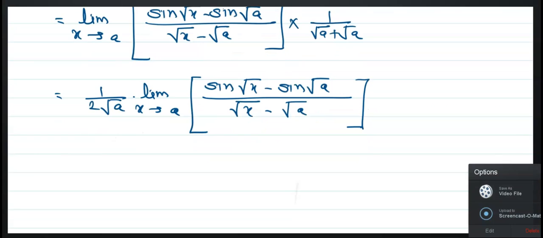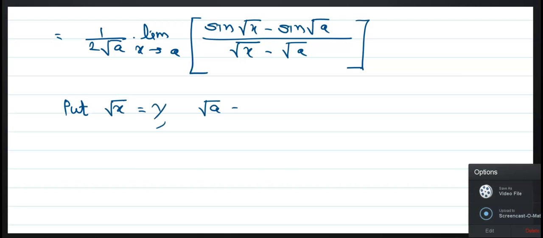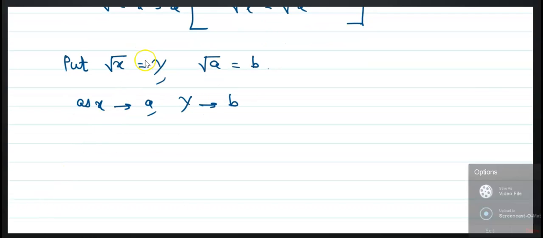Now we'll make a substitution. Put root x equal to y and root a equal to b. Therefore, as x tends to a, y tends to b.